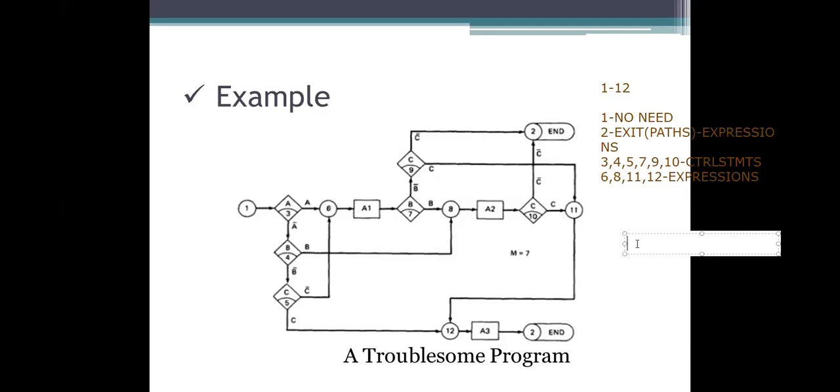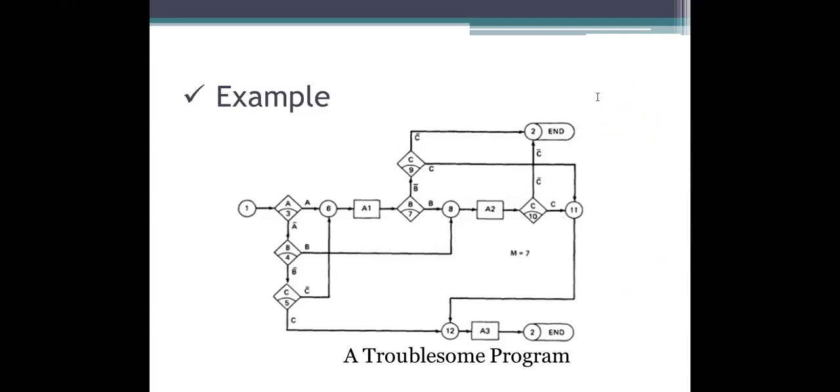Here is node 6, node 8, node 11, node 12 and node 2. So how many nodes are there total? 5 nodes are there. For that 5 nodes, we need to plot the expression. Okay. So how I am going to plot the expression here? So first go for the node 6.